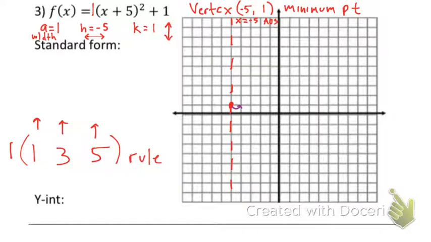As I go over 1, I'm going to go up 1. And I'll put a dot there. Okay? So now, let's go here. As I go over 1 again, so from here going over 1, I have to go up 3 now. So 1, 2, 3.